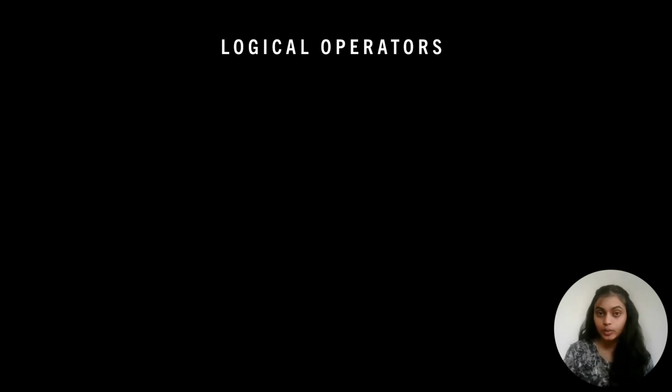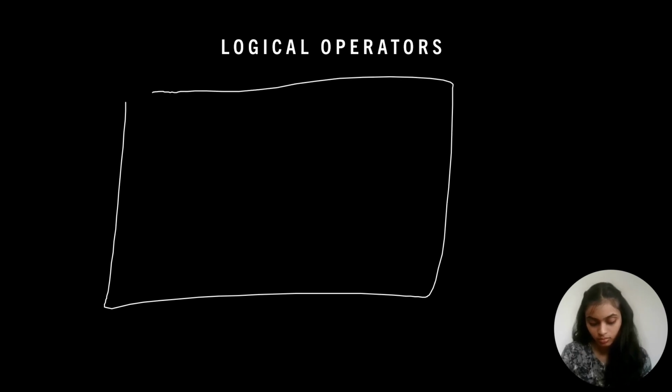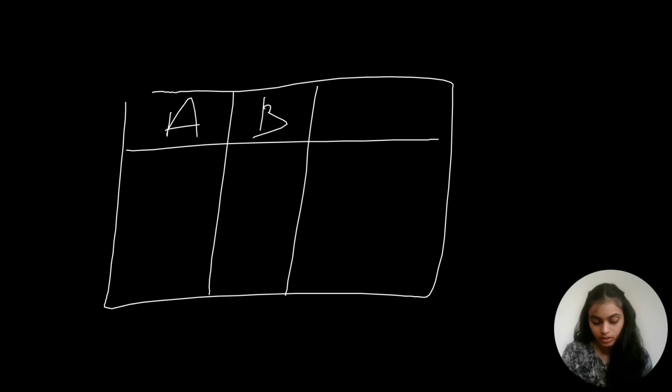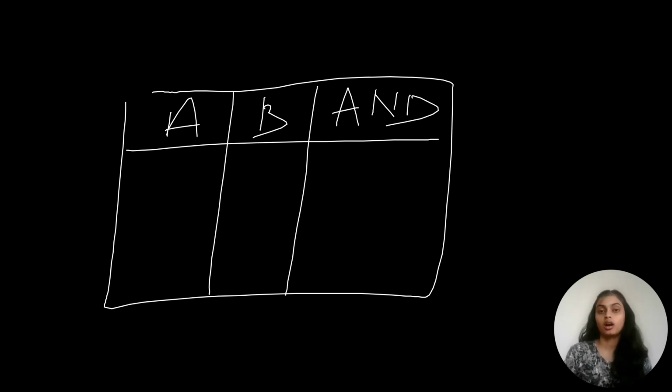First, we will begin with the AND operator. Here I am taking 2 operands, A and B. This is the AND output. I am considering only 4 cases because the number of operands is 2. Initially we have both A and B as true.